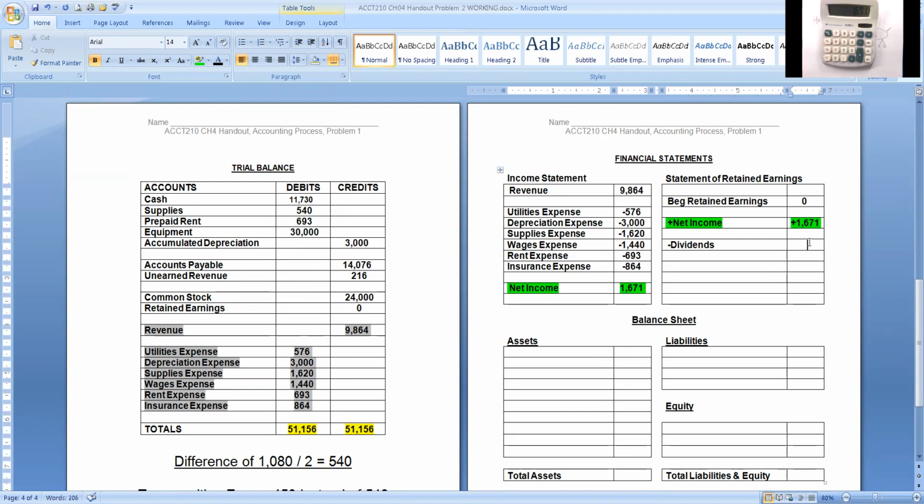You have to put this in, just filling it out. So this will be our ending. If we had dividends, we would take them out. Our ending retained earnings would just be plus 1671.